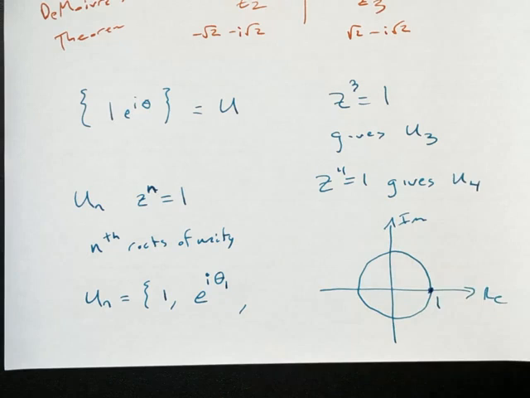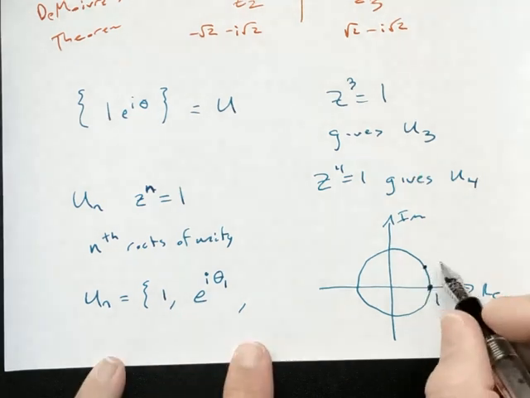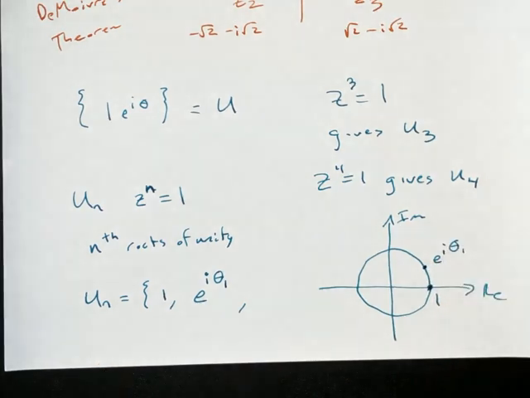Because 1 raised to any power gives me 1. But that means there's one with the smallest possible angle. Let's call that one theta 1. The next one has to be twice as far. By closure, if I multiply this by itself, I get 2 theta 1. If I multiply that by the next one, I'll get 3 theta 1.